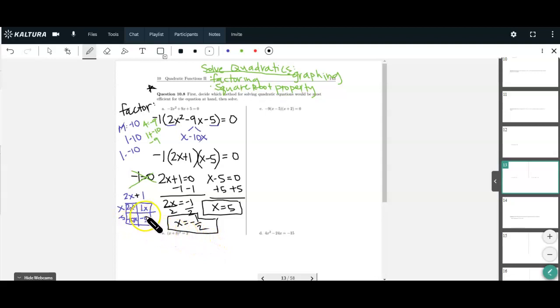So you're thinking of what's the greatest common factor of both -10 and -5. So since they both had a negative, we want to factor that negative out with it. Right? Okay. And then 5 is the biggest number that we'll divide into both of those. Okay. I think that makes sense.